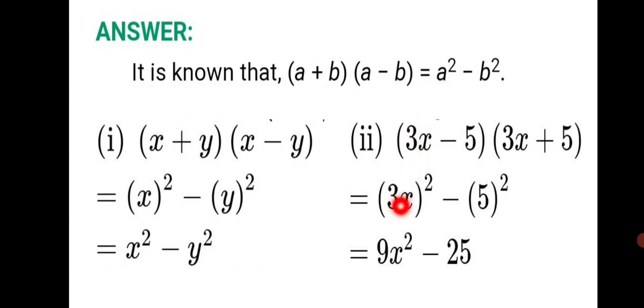A square means (3x) the whole square. (3x) the whole square we got as 3 square, 9, and x square as it is. Similarly, 5 is b. So b the whole square means 5 square is 25. And don't forget to write this minus sign. You have to carry this minus sign as it is down. Okay. So 9x square minus 25 is your answer.